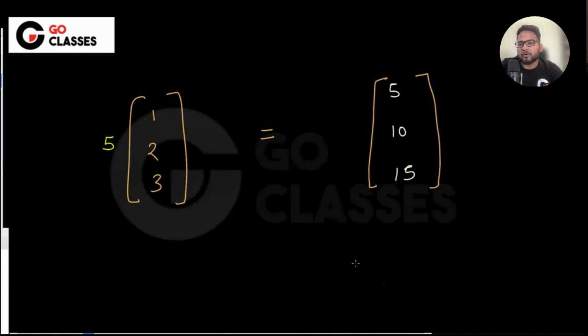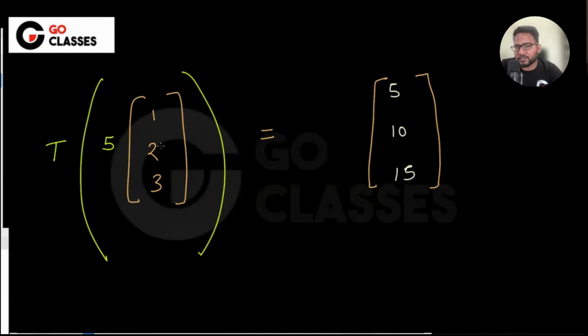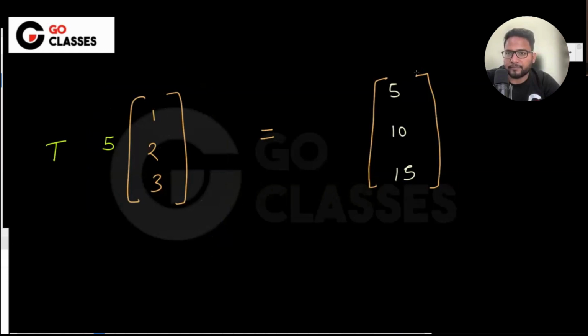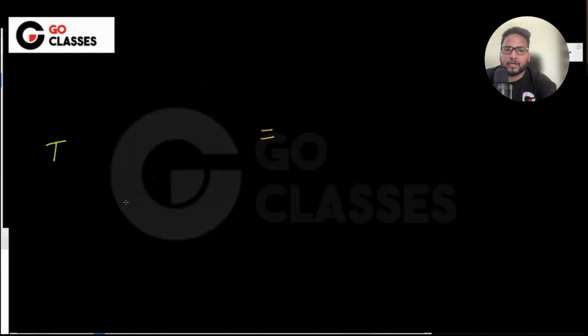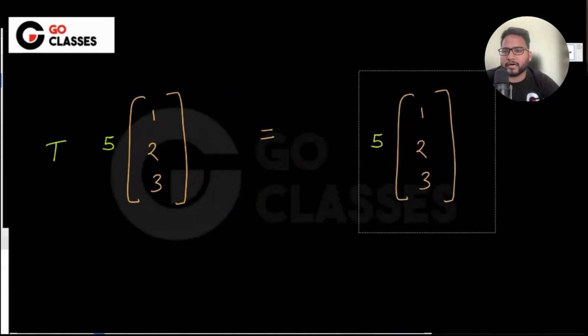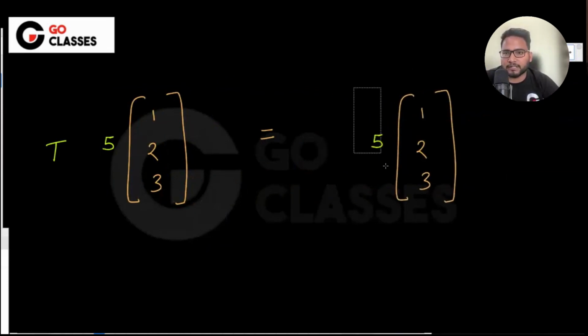The linear map says that if you take the transformation of this, it is the same as, let me write it. Don't worry, currently it might not be 100% clear, but in just a few minutes it will be.